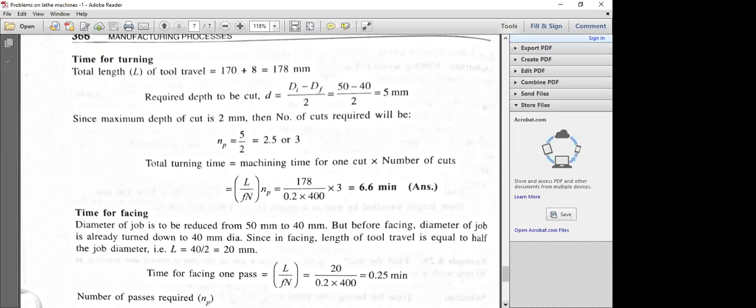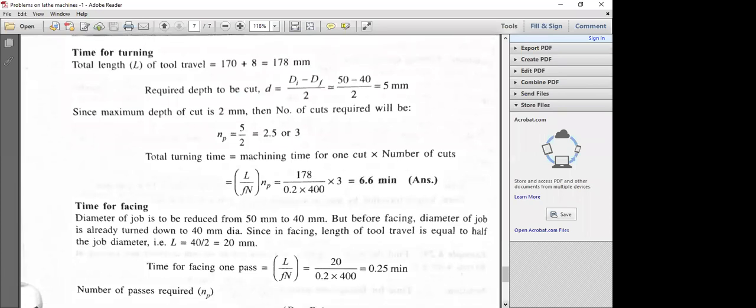Some may take capital L as 50 minus 40 by 2. That is also wrong, because that is only the depth of cut. Here capital L is the length of tool travel. I am giving prior information about the mistakes students commit. So L is 20, feed rate is 0.2, N is 400, so the time for one pass is 0.25 minutes.